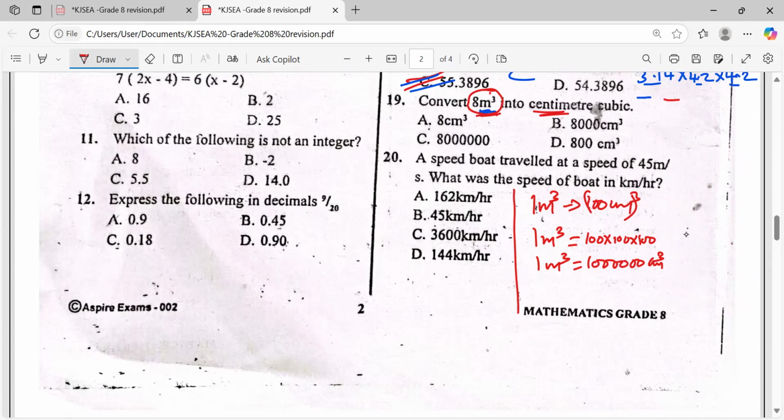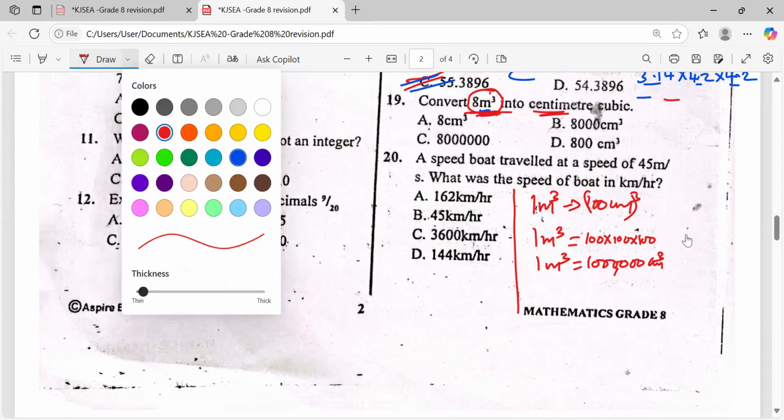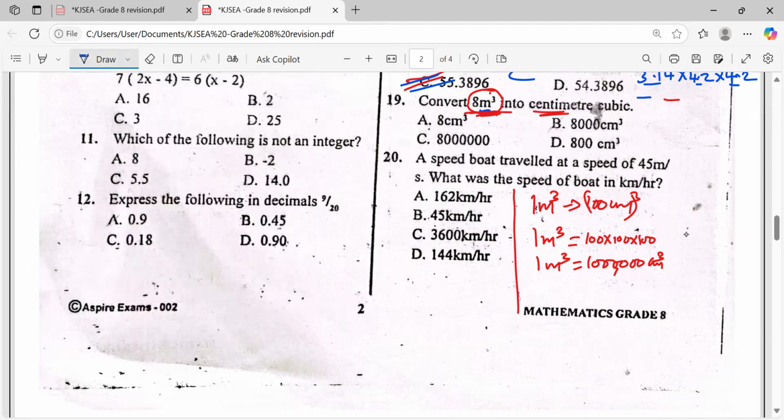Now, we have known already that 1 meter cube is equivalent to 1,000,000 centimeters cube. But the question says we are supposed to convert 8 meters cube into centimeters cube. 8 meters cube becomes, you do cross multiply: 8 meters cube multiplied by 1,000,000 centimeters cubic divided by 1 meter cubic.